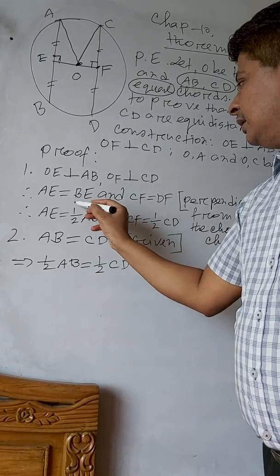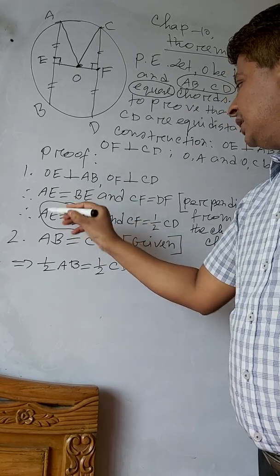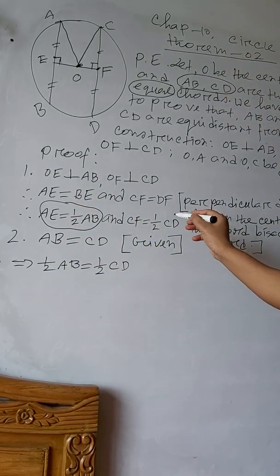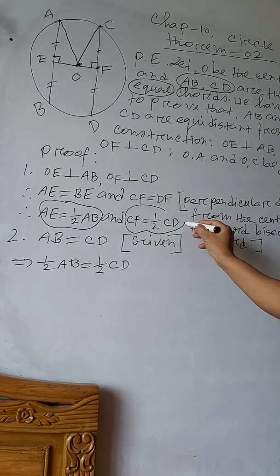Because AE equal to half of AB, also CF equal to half of CD.